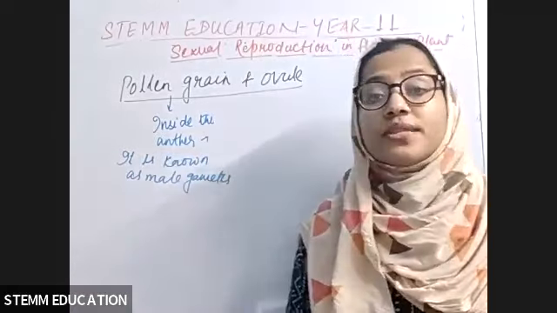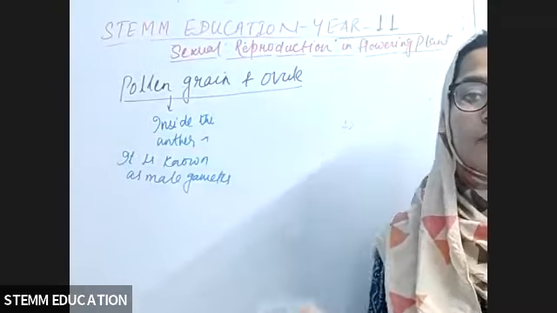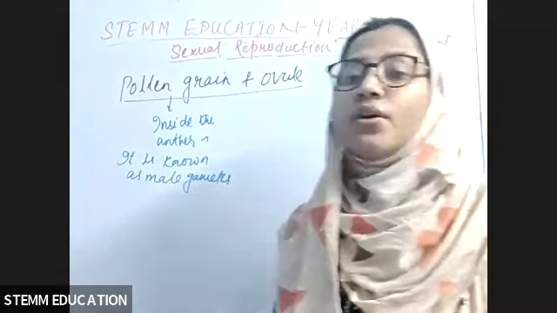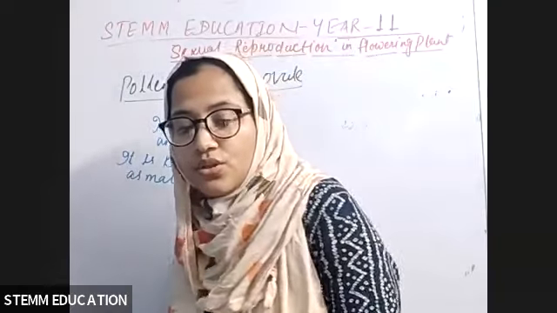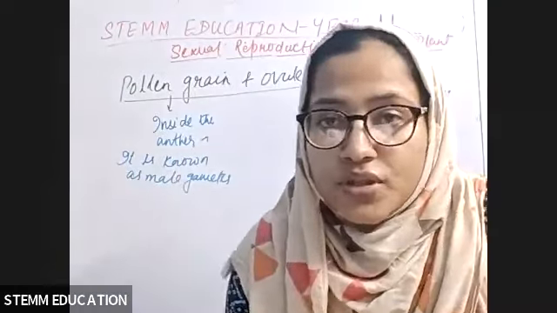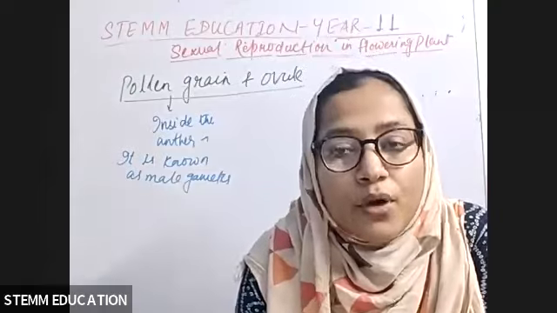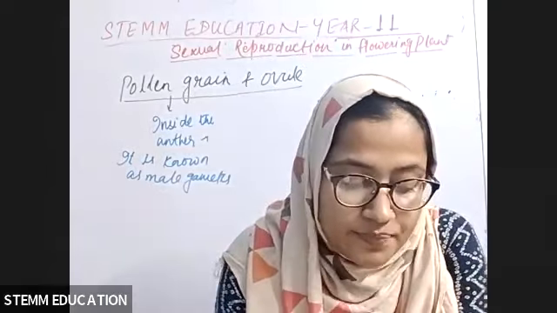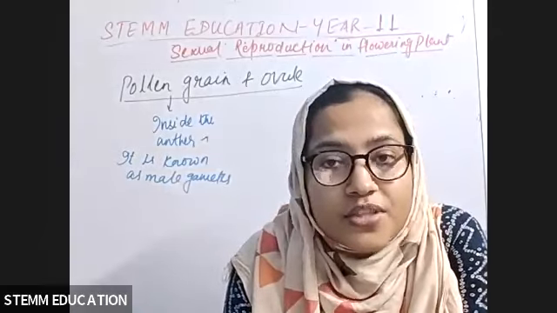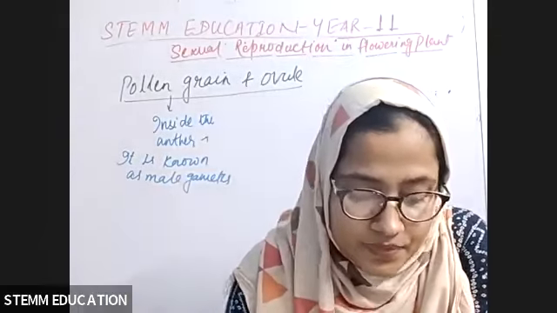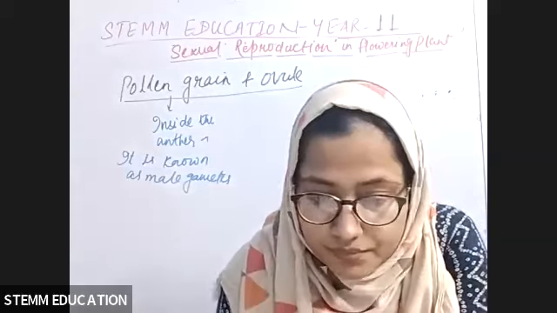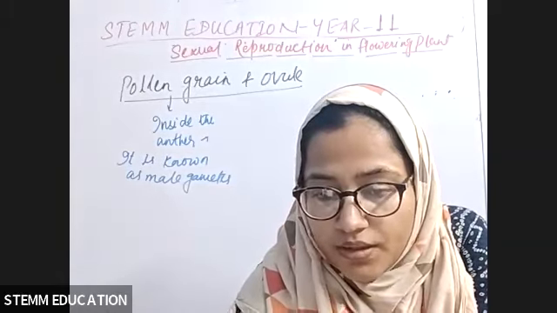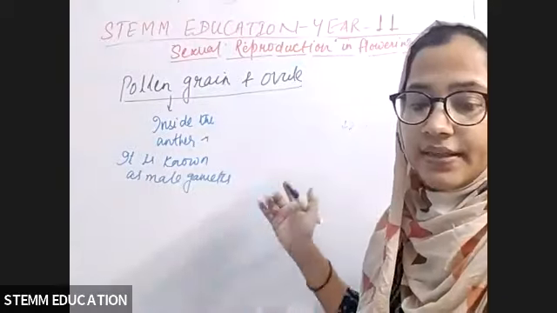Meiosis is the type of cell division which generally occurs in sexually reproducing organisms. Okay, did you get what I said till here?